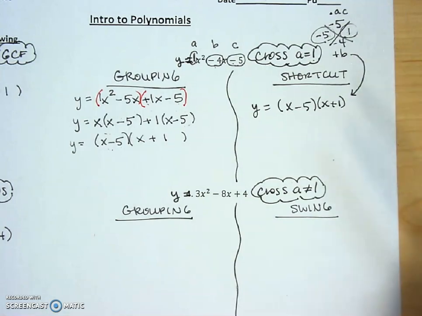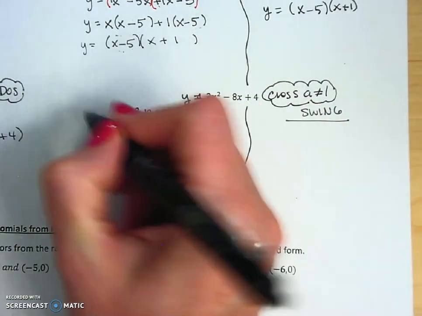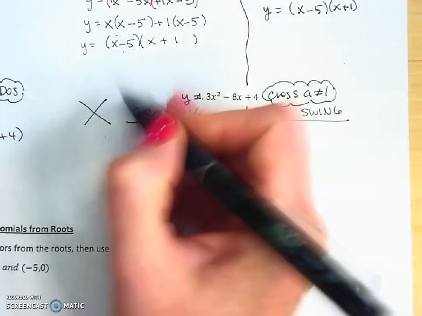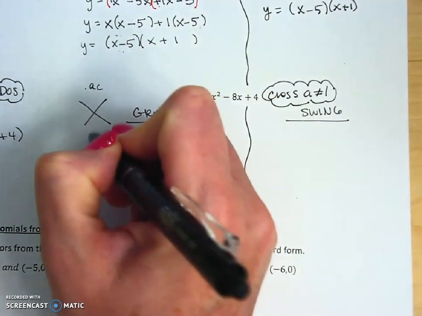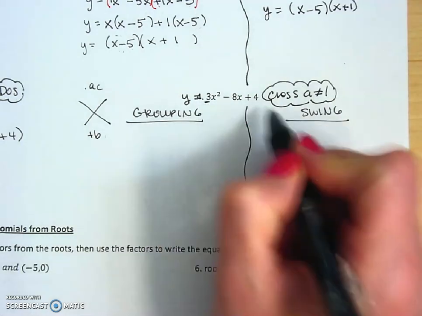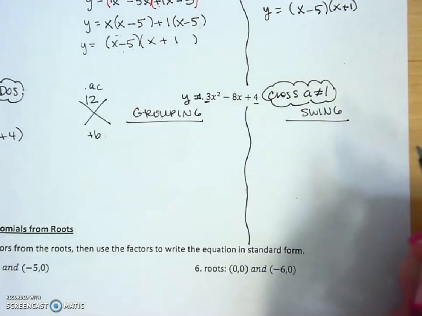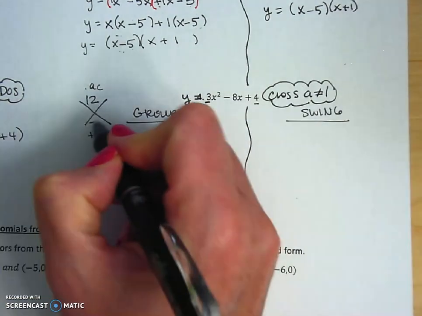So now here's how we would do grouping when a does not equal 1. So I start with the cross, what multiplies to AC and adds to B. So in this case, A is 3, C is 4, so multiplying them gives me 12, and B is -8.